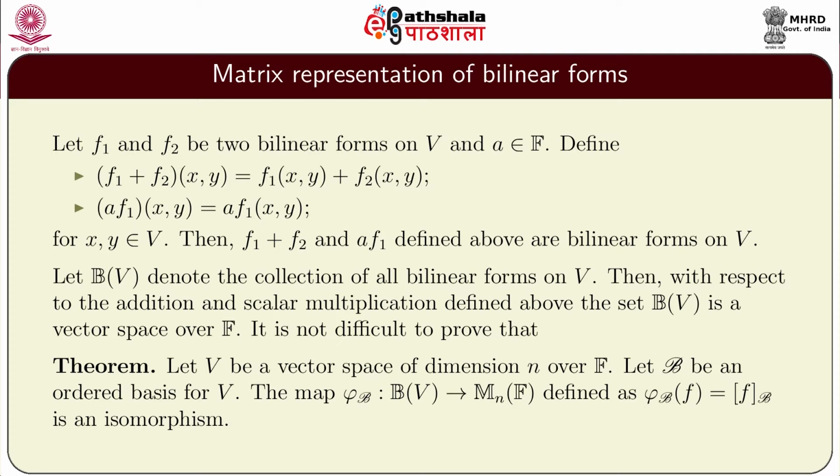And in fact, it is not difficult to prove that if V is a vector space of dimension n over F with an ordered basis B, then the map phi_B from the collection of all bilinear forms B(V) to the set of all n cross n matrices over F, that is M_n(F), where the definition of the map is phi_B(f) equal to the matrix representation of the bilinear form f with respect to the basis B.